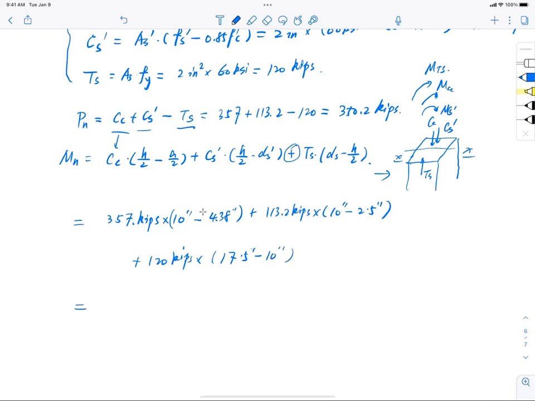And now I divide the whole thing by 12 inches per foot, to convert everything into kip-foot. So I have this whole number to be 310 kip-foot.